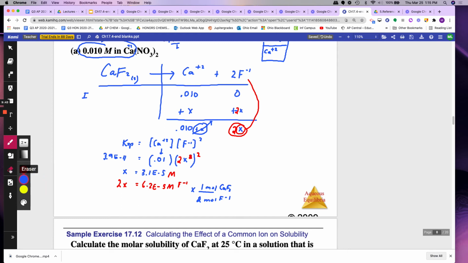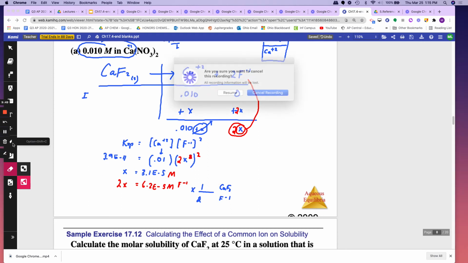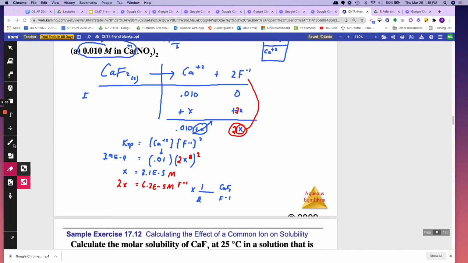Let me just use molar so it cancels. So this is going to be molar, molar. This cancels. Divide that by 2, you're going to get 3.1 e negative 5. This is the molar solubility of CaF2.